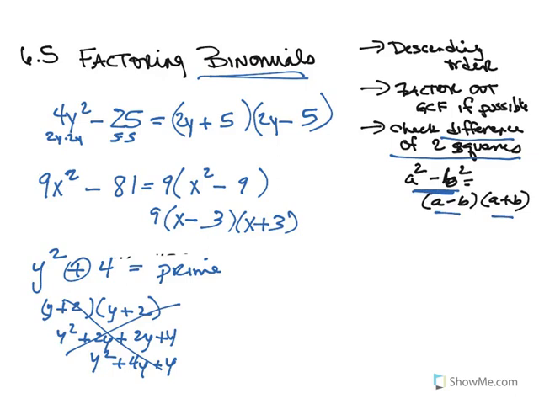So in order for us to not have a trinomial, the middle terms must cancel out. Plus AB minus AB cancels out, which is how you end up with just a squared minus b squared. So in order for it to be the difference of two squares when it factors, it has to be different signs. Okay, so that's factoring binomials.